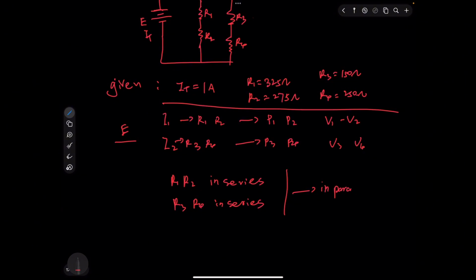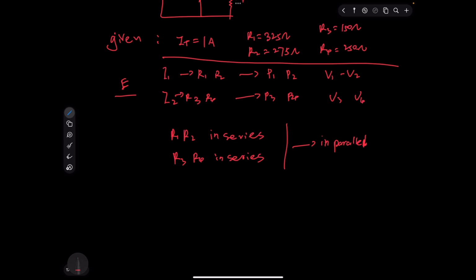For the series resistance, it's R1 plus R2, then in parallel with R3 plus R4.